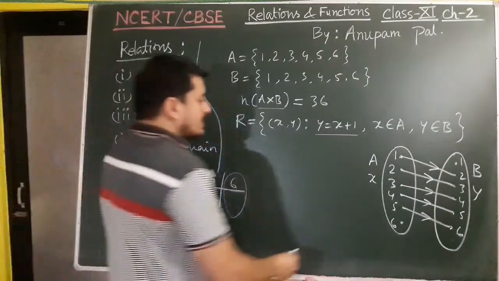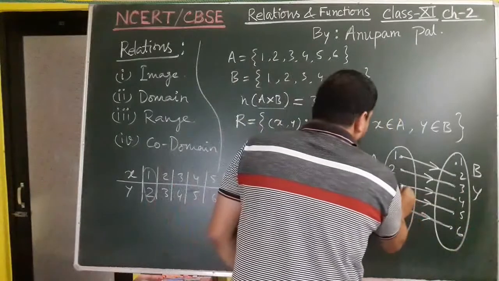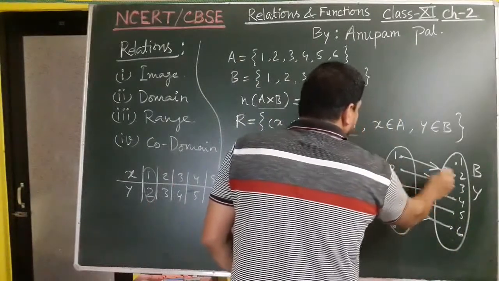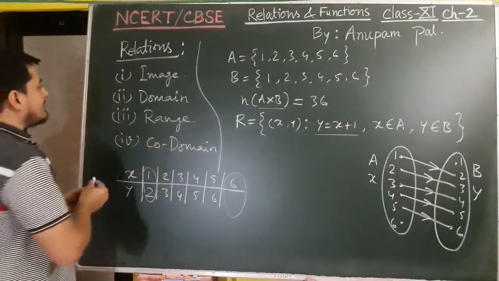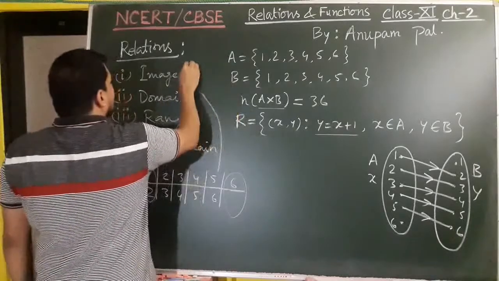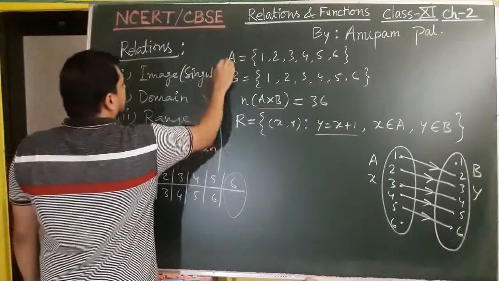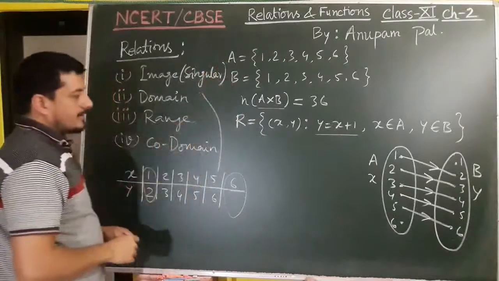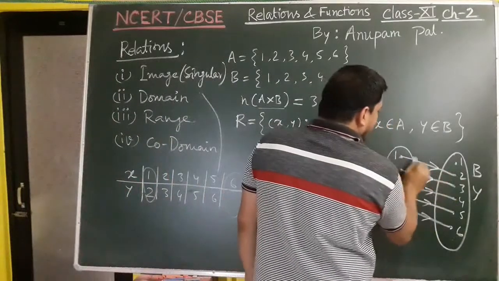So I have taken all the mappings from set A to set B. Now you see, image is always used in the context of a single point. 1 is mapped to one point.